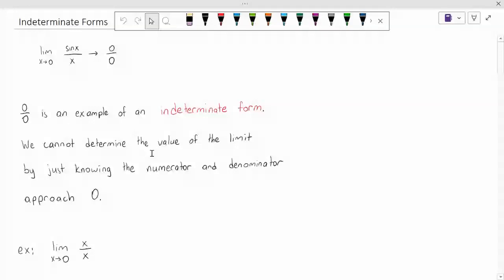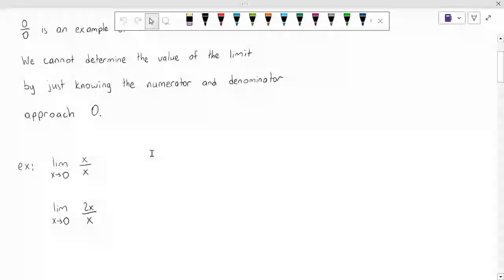And I want to illustrate that just with these two really simple examples. So in the first limit statement, we have limit as x approaches 0, x over x. So if you were to try to plug in 0 into that function, you would technically get 0 over 0 when you do that.